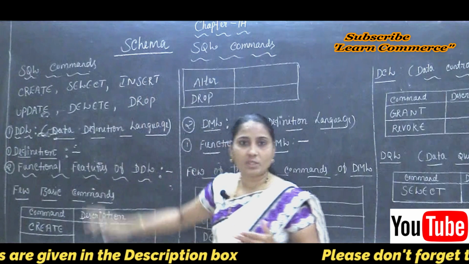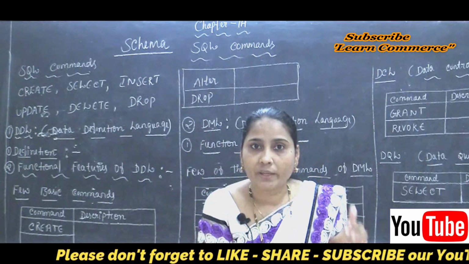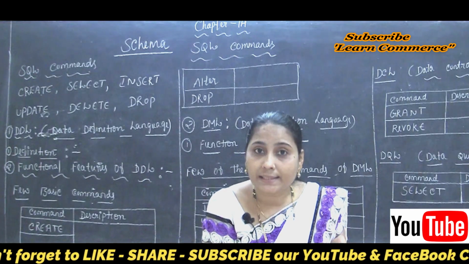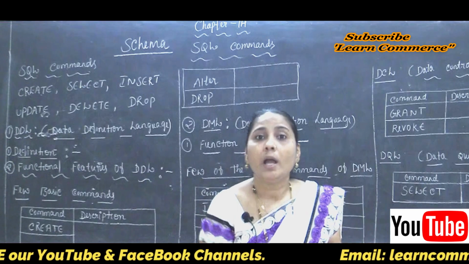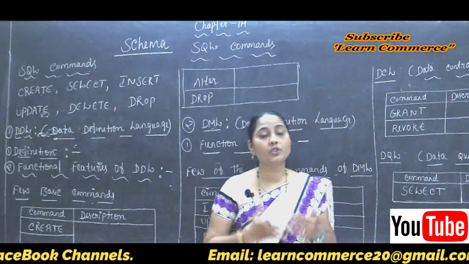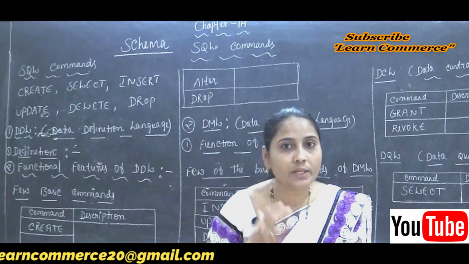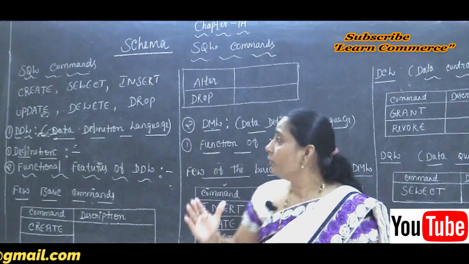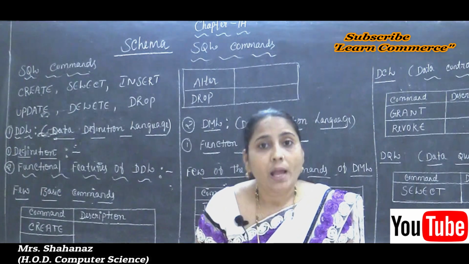Is the point clear? What is the meaning of this schema? By using the table we collect the information, and after collecting the information we perform some operations on the data. That is called the schema.